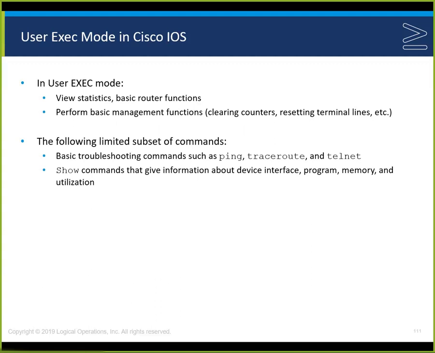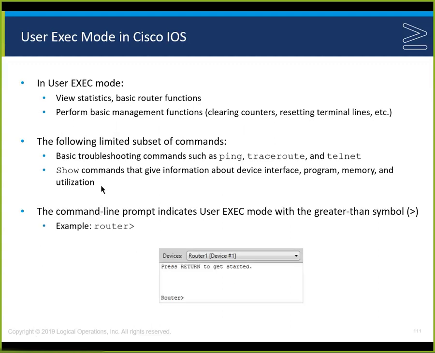Limited subset of commands: ping, traceroute, telnet, show. Not a whole lot can happen there. The big thing that you can do is get into privilege exec mode. It is represented by the name of the device and then the greater than sign. The command prompt is the greater than symbol.